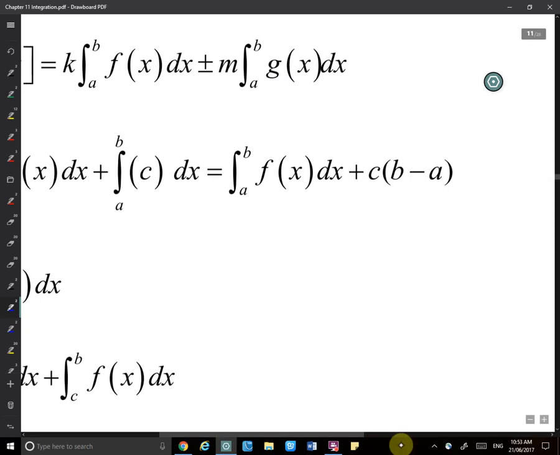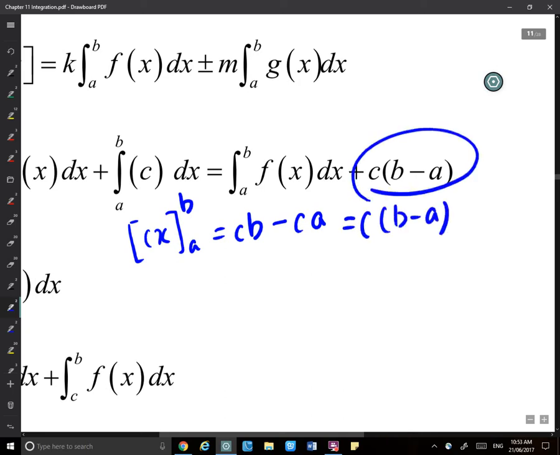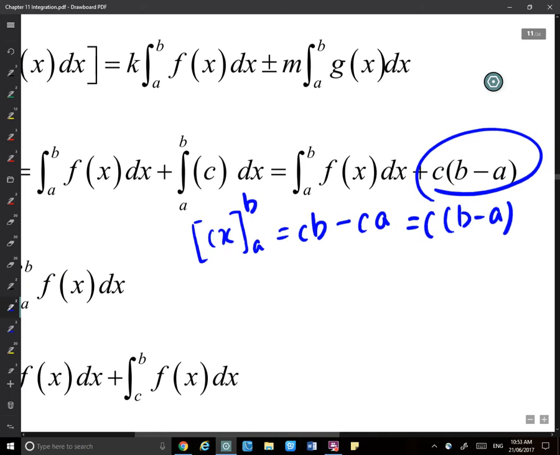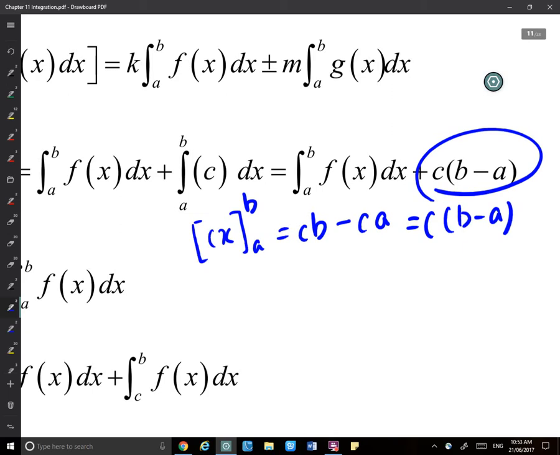So you have cx for the second one, and you have a to b. When you sub b in, that equals cb. When you sub a in, that equals ca. So therefore, that's c(b minus a), which is this one. So you can evaluate the constant part first and leave the f(x). I will show you why we need to know this. There will be some examples combined with those properties.